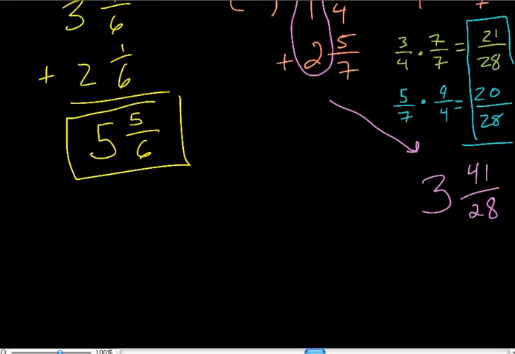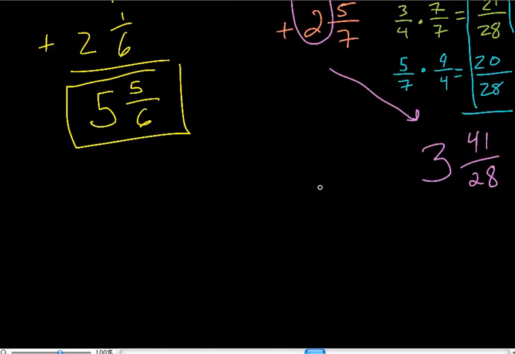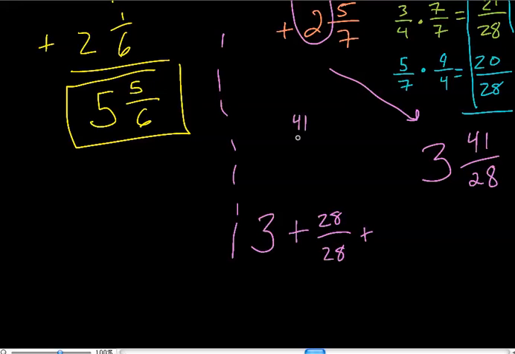Now, 41 28ths is not really a nice number, so we're going to have to break that apart. So that becomes, let me just put a little dot here, 3 plus 28/28 plus how much is left over? Okay, what's 41 minus 28? 41 take away 28 is 13.